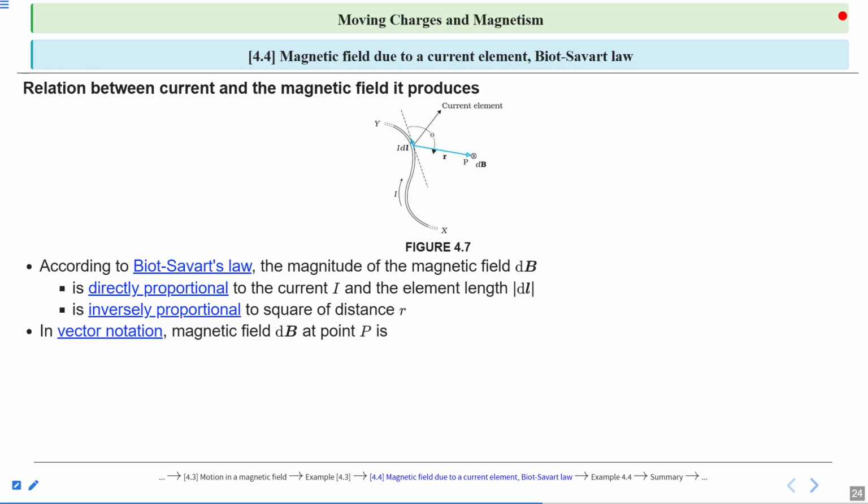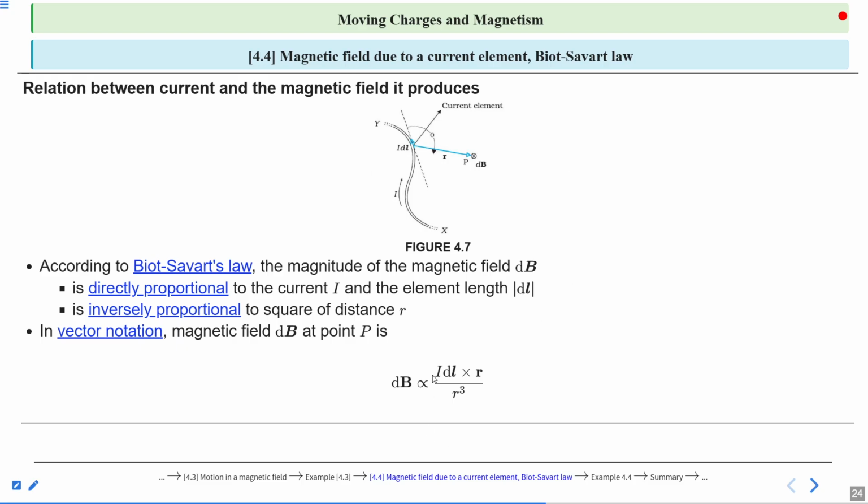In vector notation, magnetic field dB at point P is proportional to I dl cross r upon r cube. You may ask: it is inversely proportional to the square of distance r, then why is it written as the cube of r? Because it is in vector form.